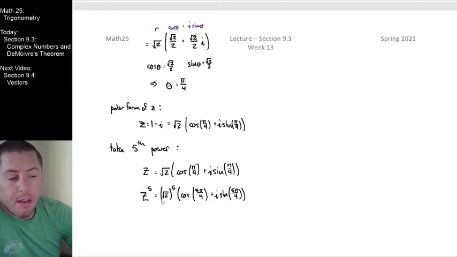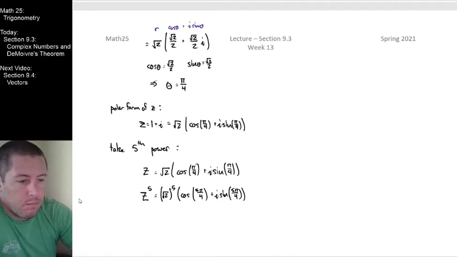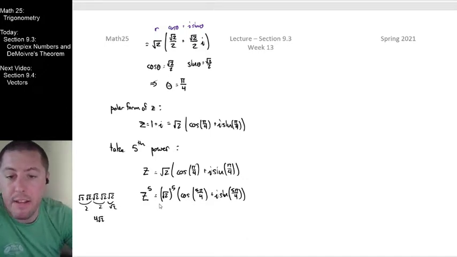So one thing I'm thinking to myself is, what's up with root 2 to the fifth power right there? If we're going to multiply together 5 root 2's, what did we really get? Well, those two make a 2, those two make a 2, and that's just a root 2. So this is 4 root 2, my better way to write root 2 to the fifth.